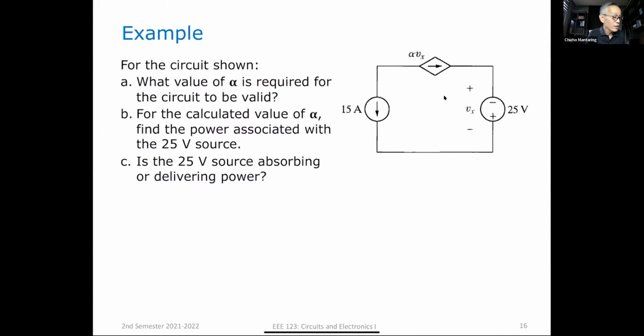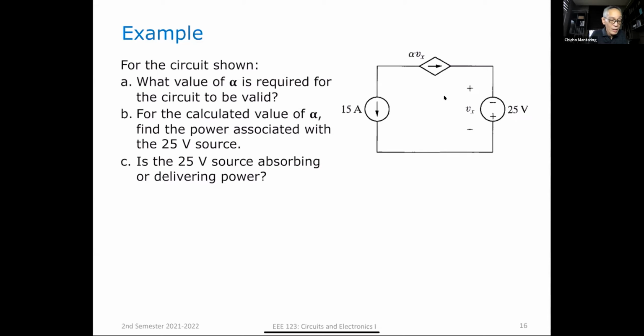Can someone just shout it out to me? Dependent source, yes. What type of dependent source in particular? Voltage controlled current source. That's right, it's a voltage controlled current source.